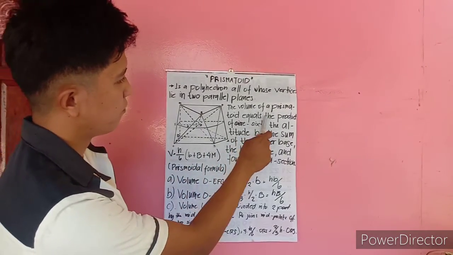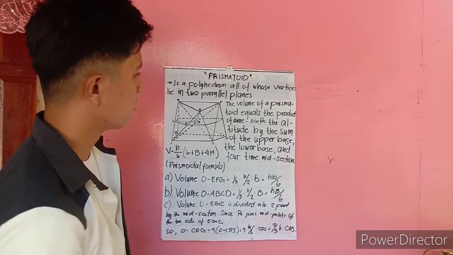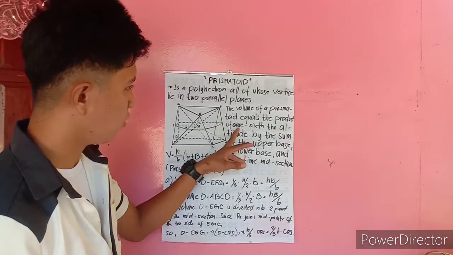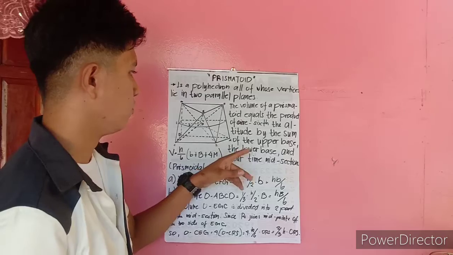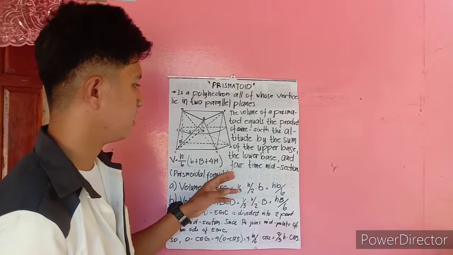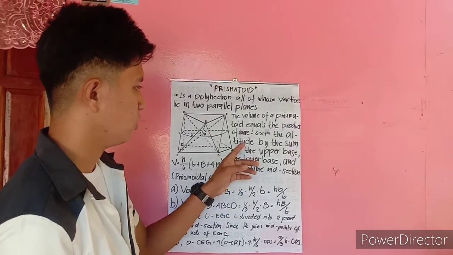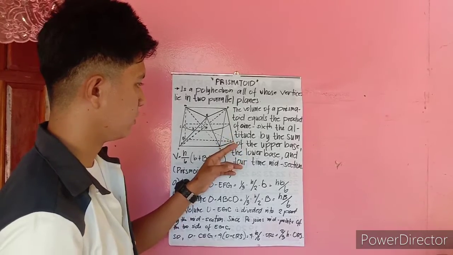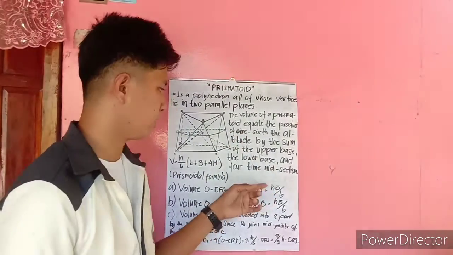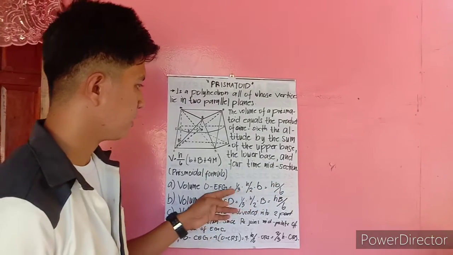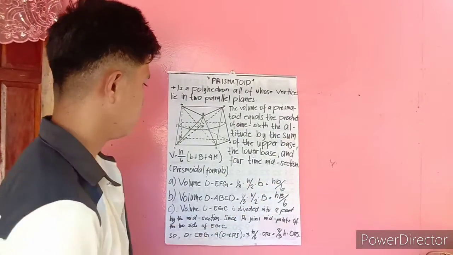The volume of a prismatoid equals one sixth the altitude times the sum of the upper base, the lower base, and four times the midsection.